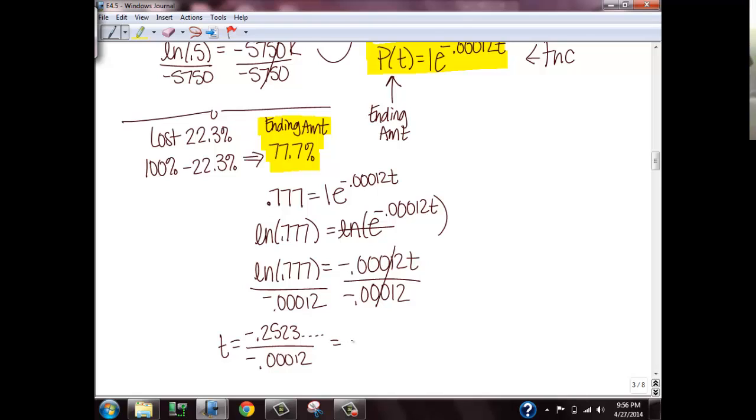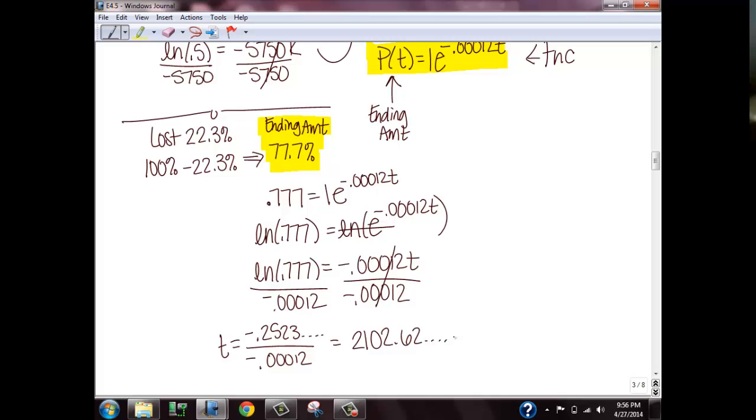Remember, you cannot use a graphing calculator on your exams. So make sure if you have been using one that you know how to do this on a scientific calculator, which is what you'll be using on your final. Okay. All right. When I divide these, I get something like 2102.62 and some more mess. And if you remember, we're trying to figure out the age of the Dead Sea Scrolls, about how old they are.